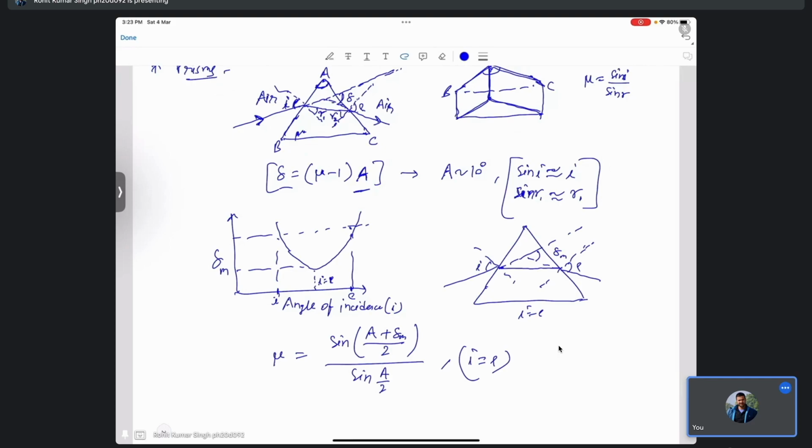So then comes the part where we have the dispersion of the light by the prism. Okay, so let me erase some of the things.